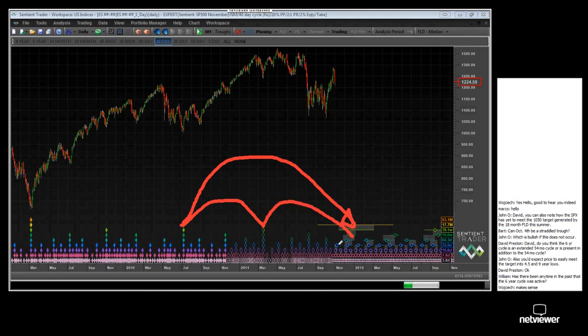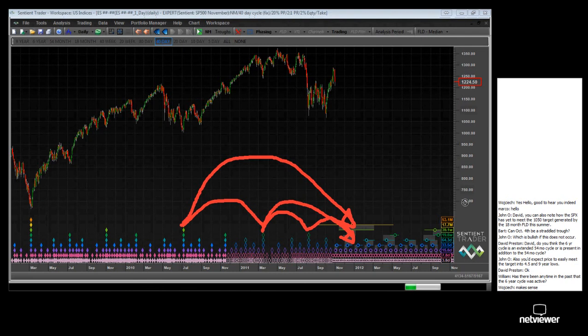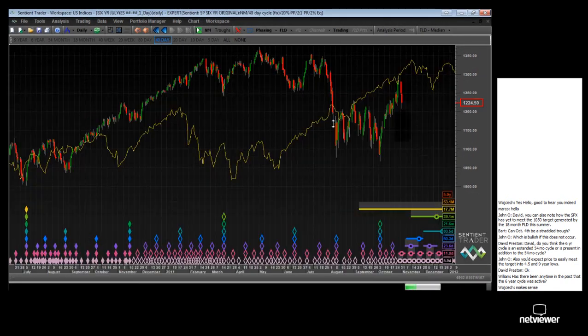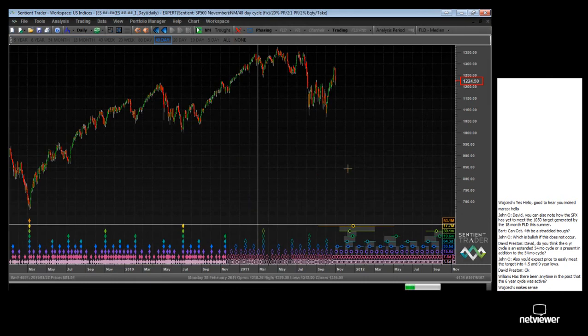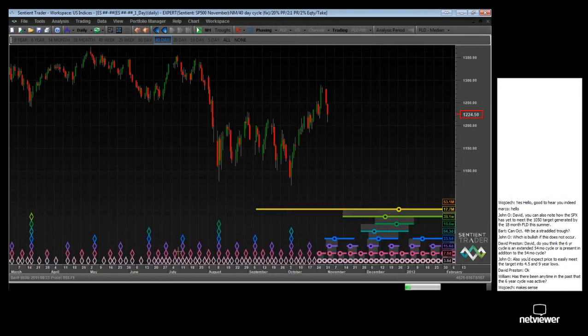So we've been expecting one 18-month trough since July of last year to come down into here. Of course, 2 40-week cycles to come down into there, then of course 2 20-week cycles.